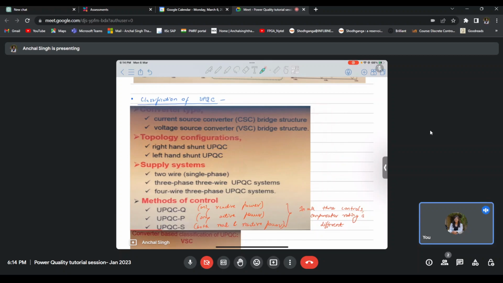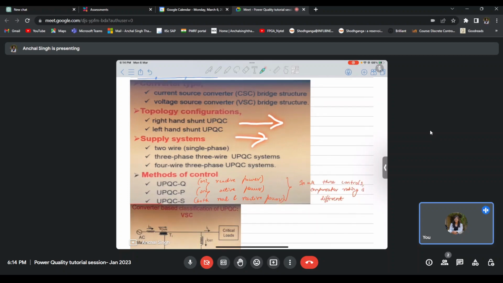Based on the converter type, as we have already been discussing, UPQC can be classified as current source converter or voltage source converter. Then, based on the topology configuration, UPQC can be classified as right hand shunt UPQC and left hand shunt UPQC. This right and left we'll be discussing when we go further.